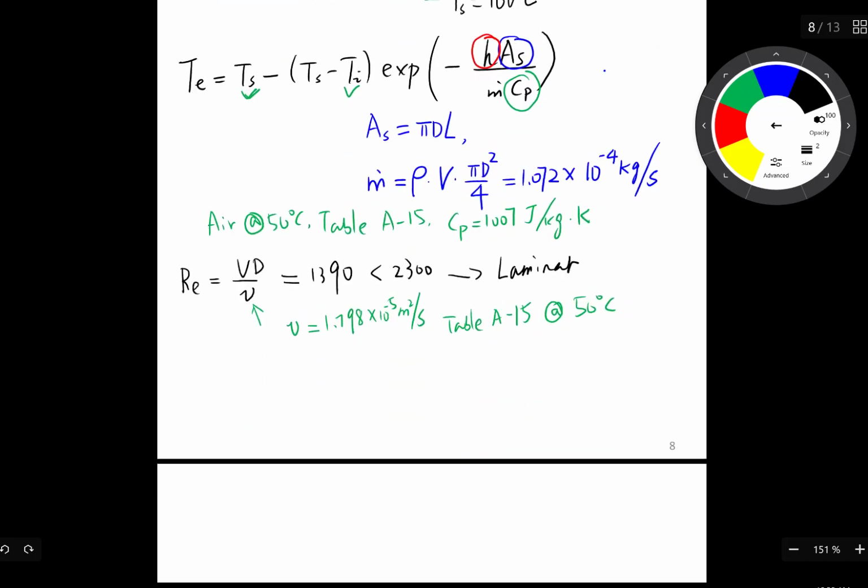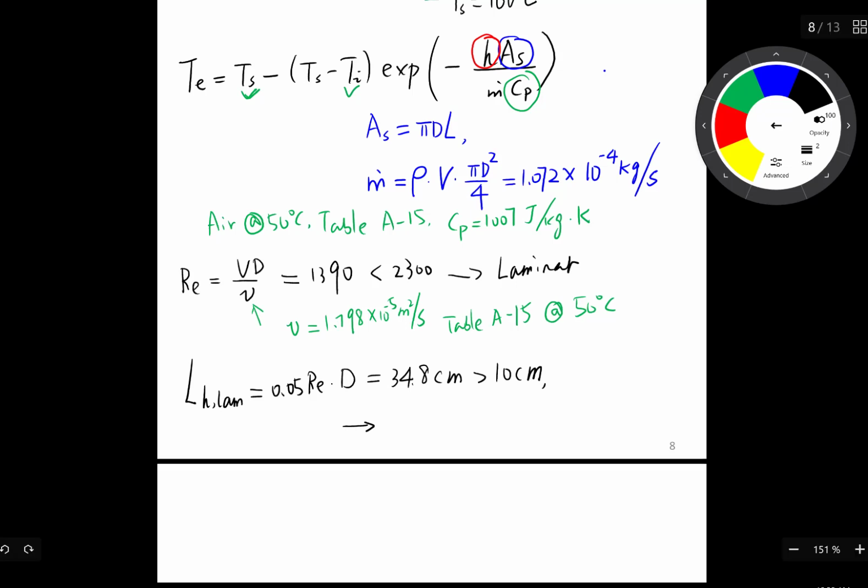Now let's check whether it's hydrodynamically developed or not. Let's compute the hydrodynamic entry length for laminar flow. It is larger than the length of the tube, so this means it is hydrodynamically developing.